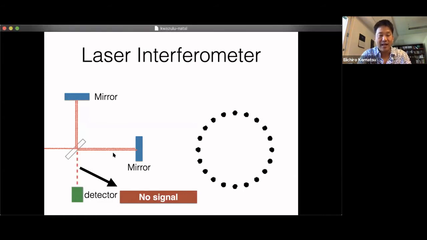These two lasers are shifted in phase. So when they're recombined, the signal cancels and there's no signal at the detector. So that's your initial configuration.